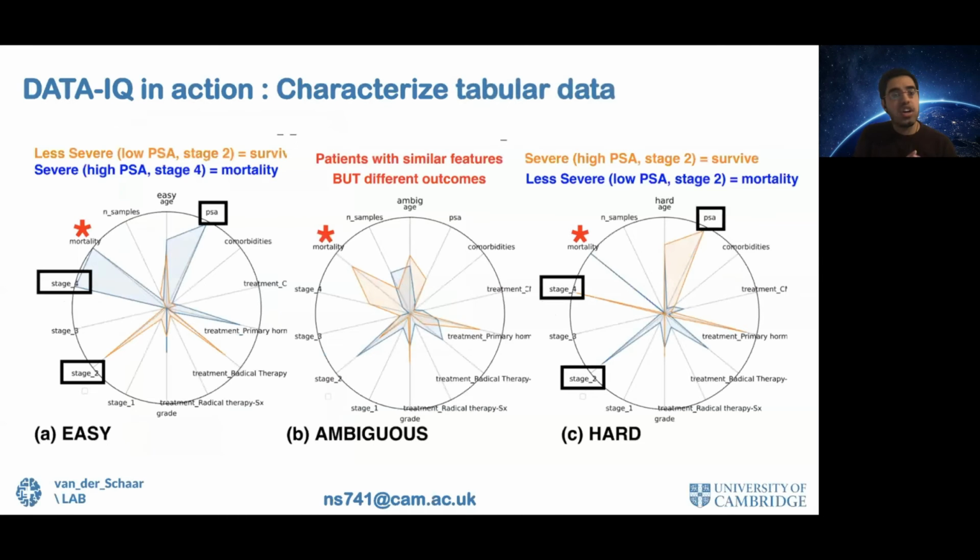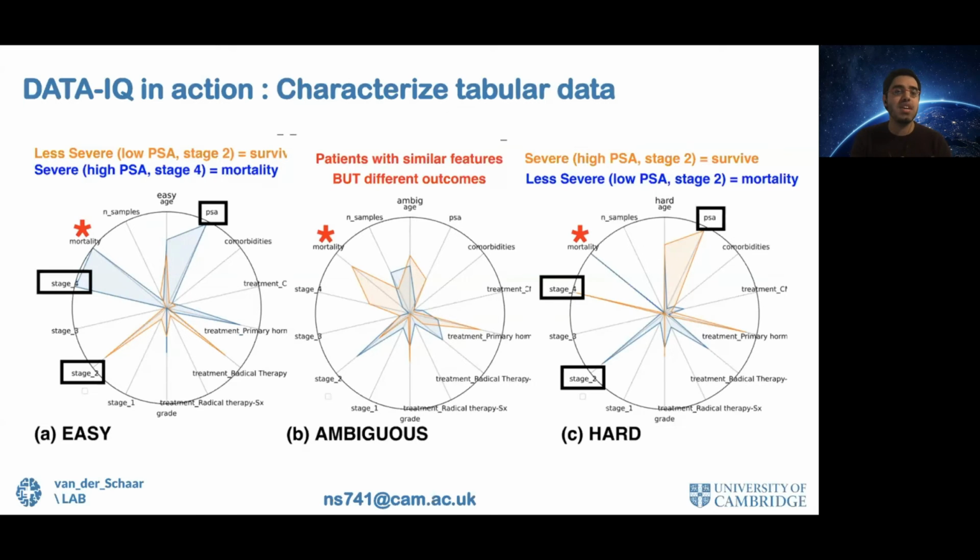And lastly, looking at tabular data, because we're a healthcare group, we really looked at studying prostate cancer mortality prediction in the United States, and we found easy examples correspond to the expected types of patients: patients who aren't very severe and who survive, and patients who are quite severe and often have a mortality outcome. This is quite expected.